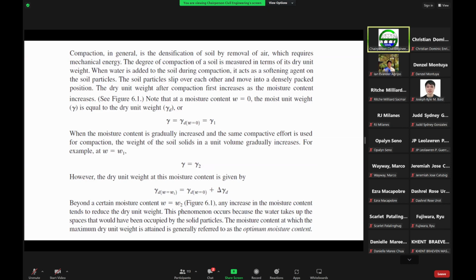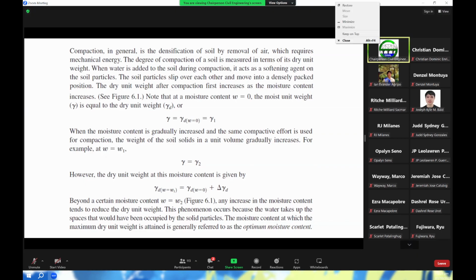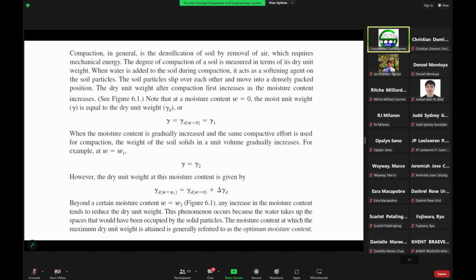So during the addition of water, the soil particles slip over each other and move into a densely packed position. That means that we need to have some moisture there. Now, the dry unit weight after compaction first increases as the moisture content increases.